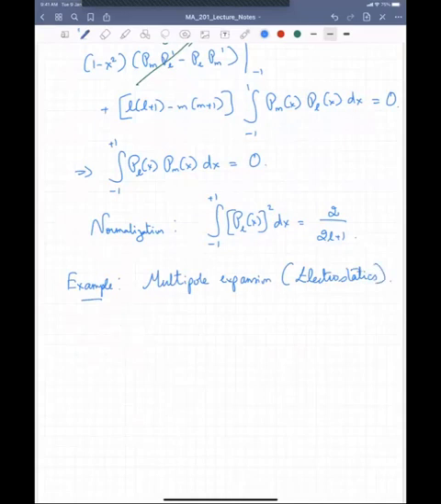If you have not seen this before, it might be useful to take a look at it, because it tells you how the Legendre polynomials can come in naturally into problems that have some kind of symmetry.